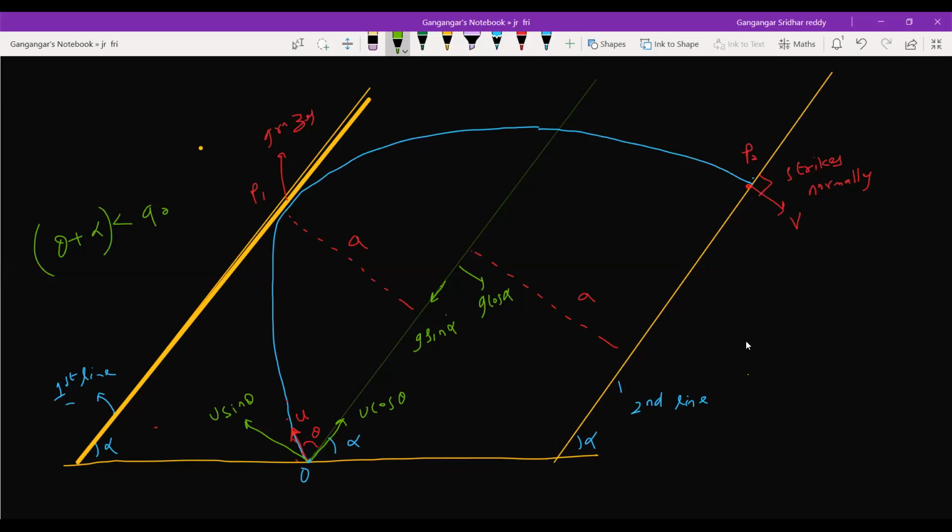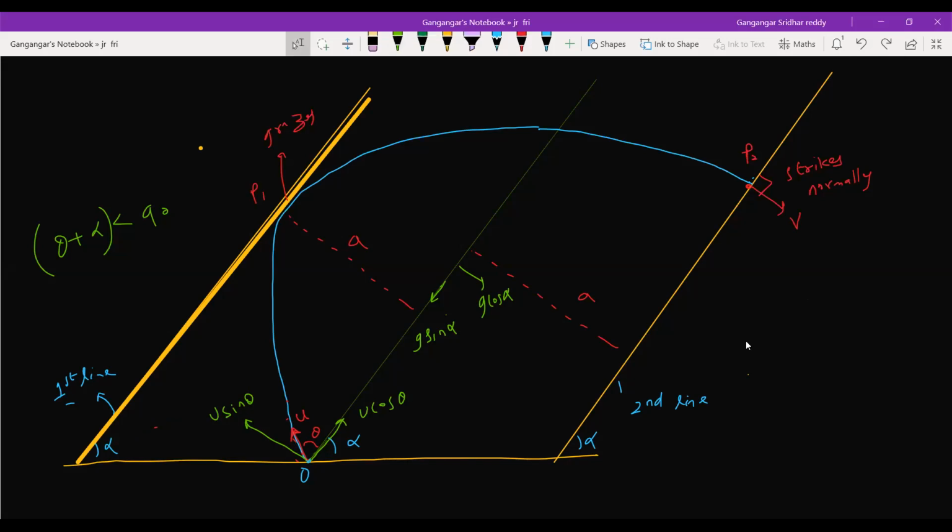I already told you the particle will not strike on the left side of O. It will go and strike at point P1, so theta and alpha will be adjusted like that. That's what he's asking, theta plus alpha, but the diagram looks the other way. So I'll just put the condition theta plus alpha less than 90. I think the problem is solved. Okay, now let's write the equation.